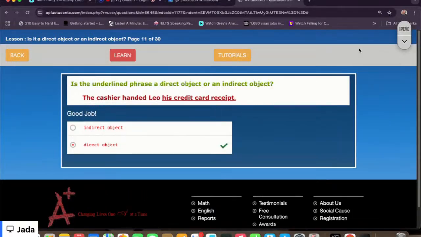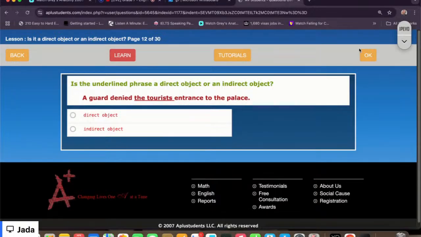So we have direct objects. A guard denied the tourists entrance to the palace. So is this direct or indirect?